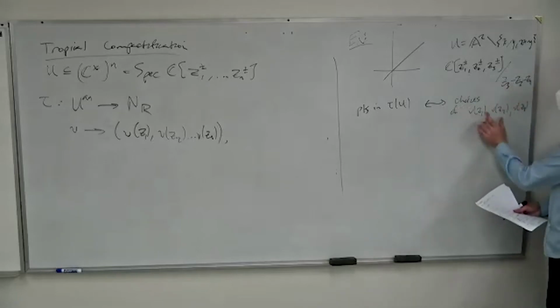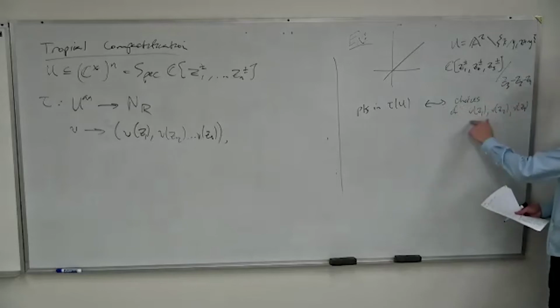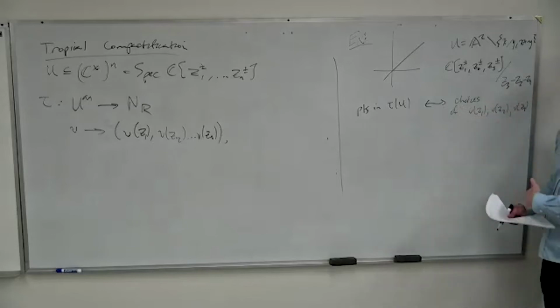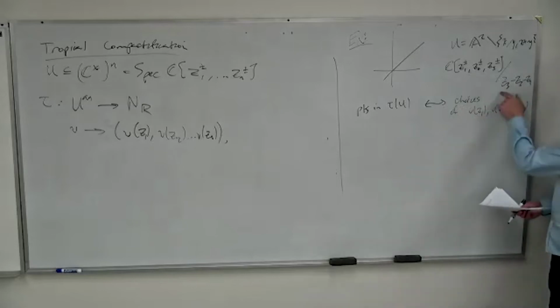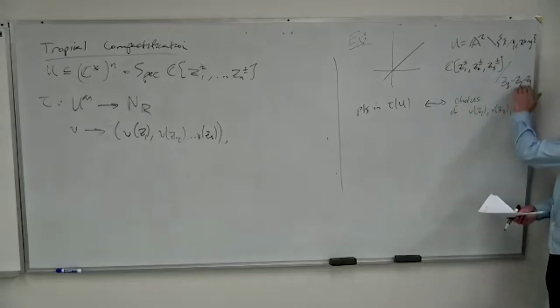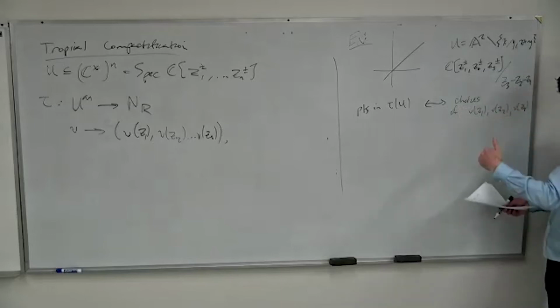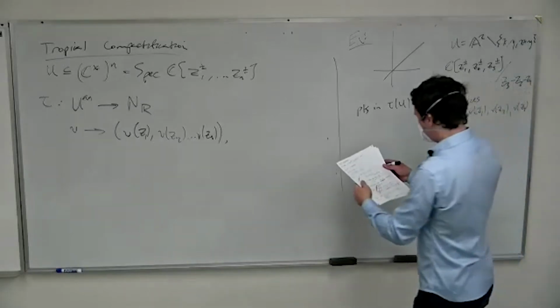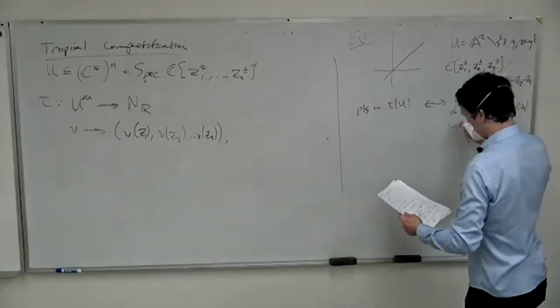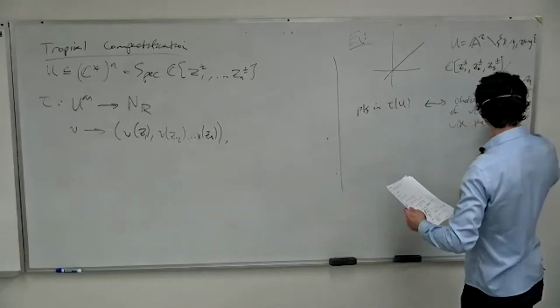Well, that means that the two with the lowest valuations have to be tied, because otherwise the valuation of this quantity would just be whatever the one with the lowest valuation is. So for this to be 0, two of these have to be tied, the lowest valuation tied.